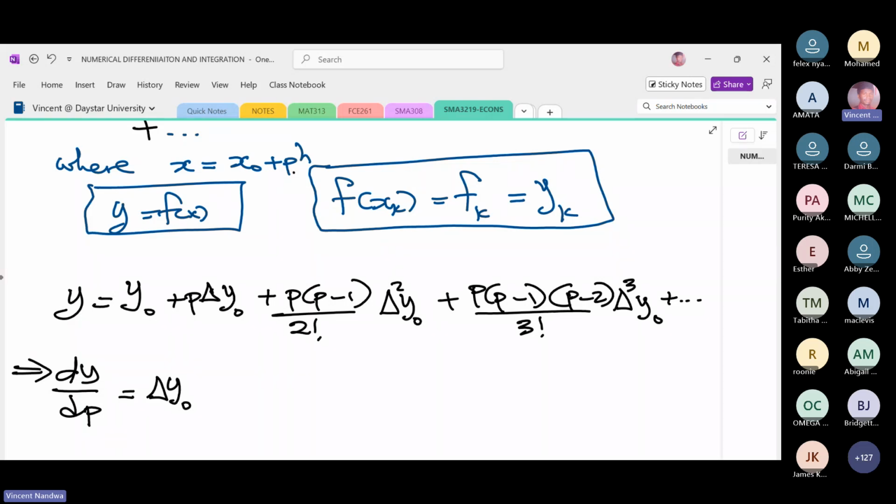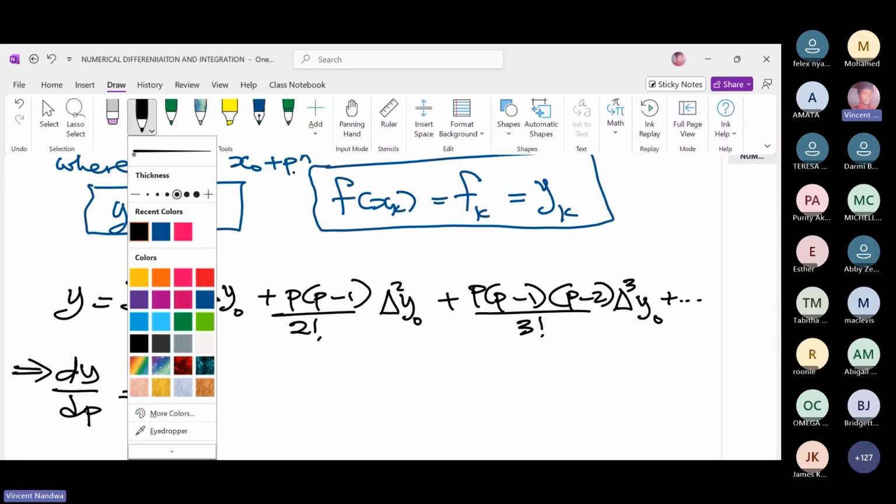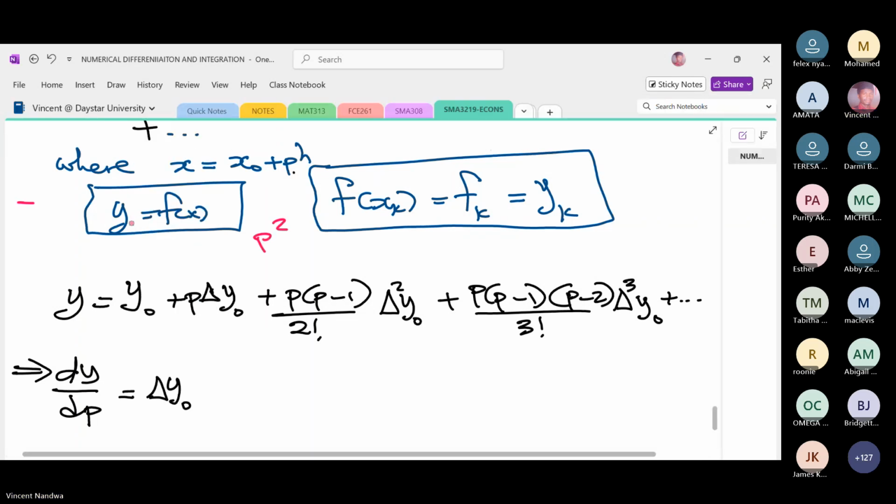Then to differentiate this part, when I open this bracket, I'll have p times p, which gives p squared. Then minus p times 1 is minus p, divided by 2 factorial, and 2 factorial is just 2.